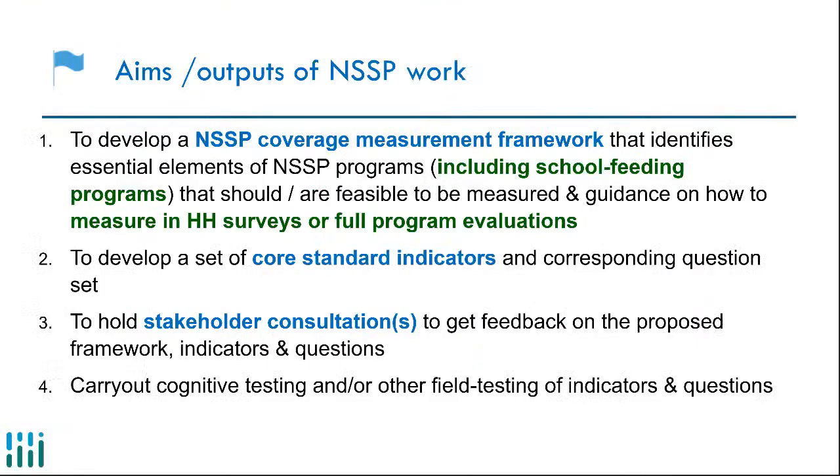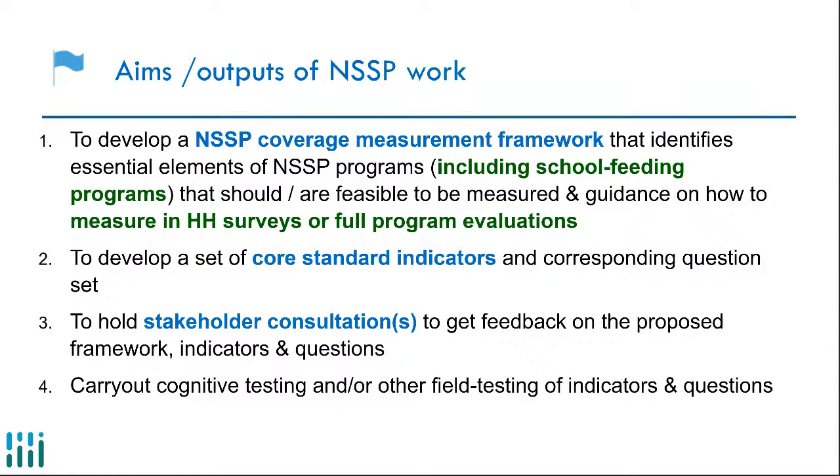The aims of our work more broadly were multifold. The first was to develop a nutrition-sensitive social protection coverage measurement framework that identifies essential elements of NSSP programs, so I will use that acronym moving forward, including school feeding programs that should and are feasible to be measured, and then importantly, guidance on how to measure these in multi-topic household surveys or full program evaluations.